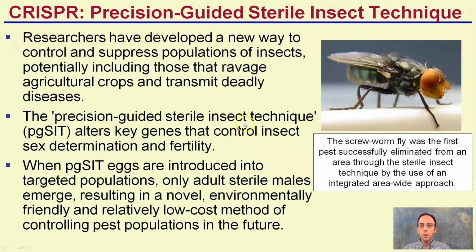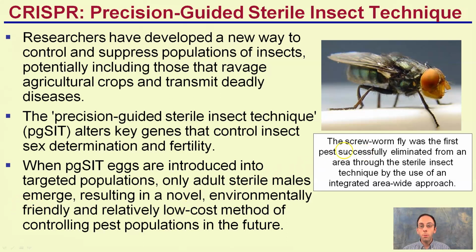So how could this possibly be used to control insect populations? Well, when we take these precision-guided sterile insect technique, what will happen is we'll take eggs and we'll introduce into target populations where only adult sterile males will emerge. This results in a novel, environmentally friendly, and relatively low-cost method of controlling pest populations in the future. This is also very specific.